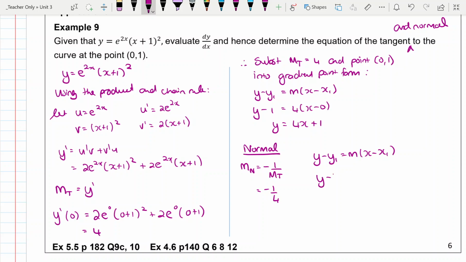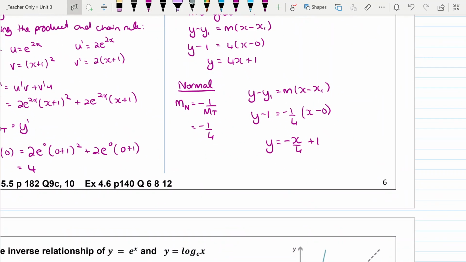So I have y take 1 is going to be negative 1/4, x take 0. And my normal, which is my line perpendicular to my tangent, will be y equals negative x over 4 plus 1.